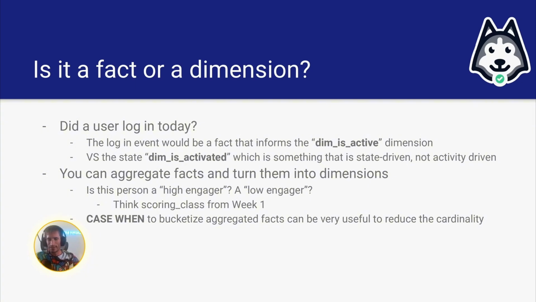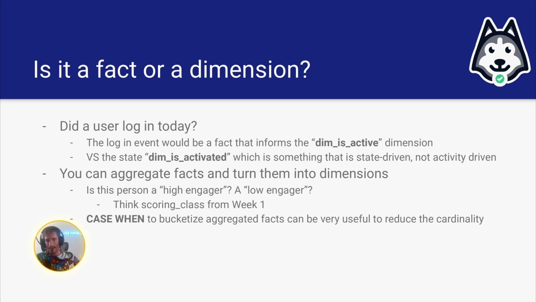So the key thing about this slide: facts and dimensions are blurry. They can be based on each other. If you think about it from the other angle, take the dim is activated. There's also the event of you going and changing that value, which is an event that has a timestamp, where you mutated your activated flag at this moment in time.